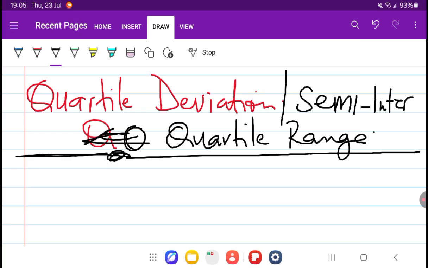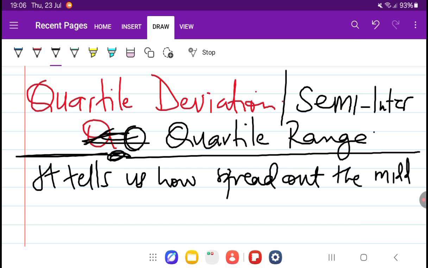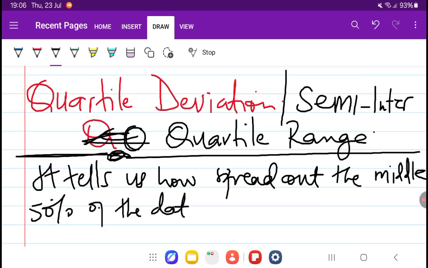So it focuses on, let me write it, it tells us how spread out the middle 50% of the data set is.